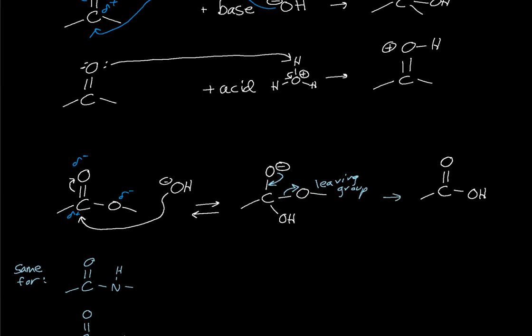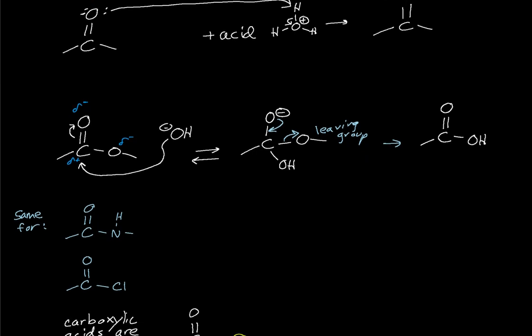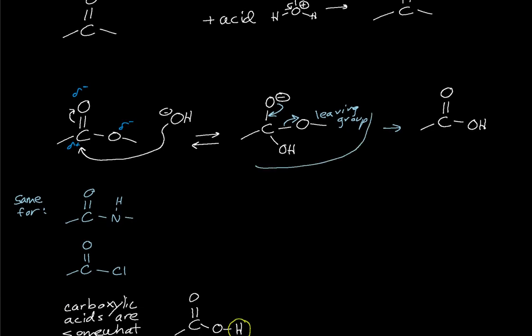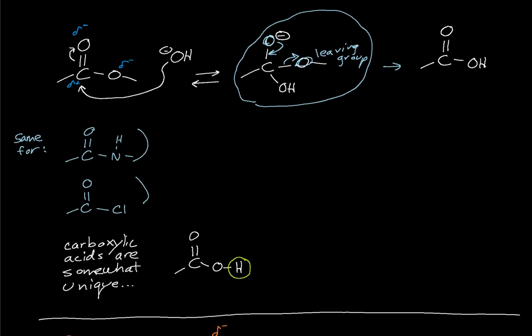Which, if you notice, gets you to a carboxylic acid. This part especially is unique to these carbonyl groups that have oxygens or other heteroatoms like nitrogen or sulfur in two positions attached to the carbon. So you could write exactly the same sequence with an amide, or with an acid chloride, for example, throwing in new functional groups a little bit.